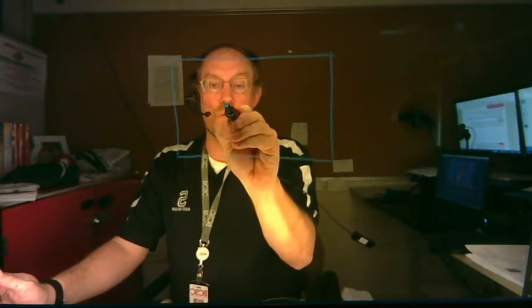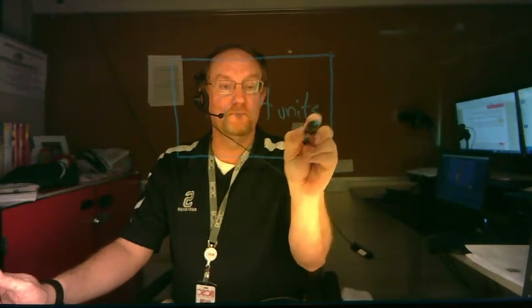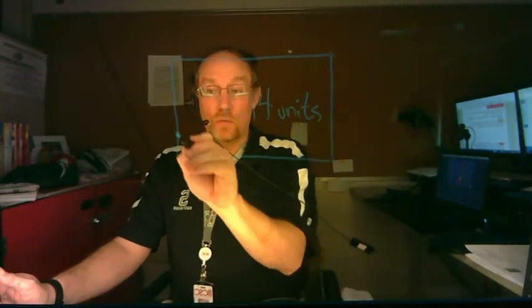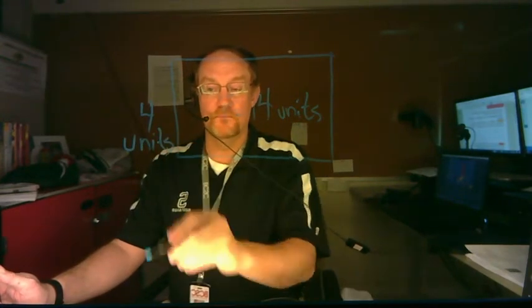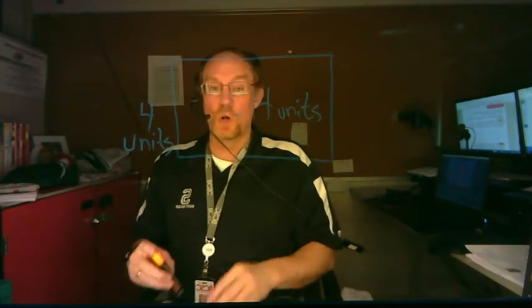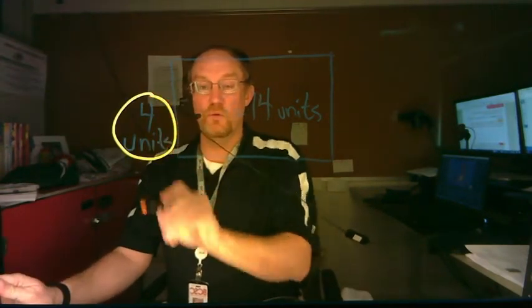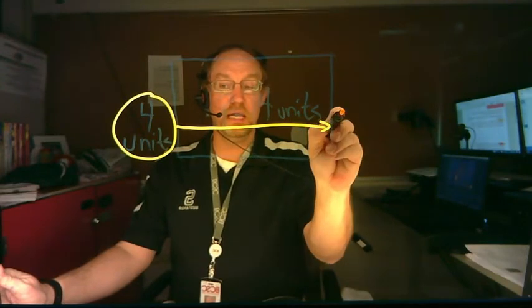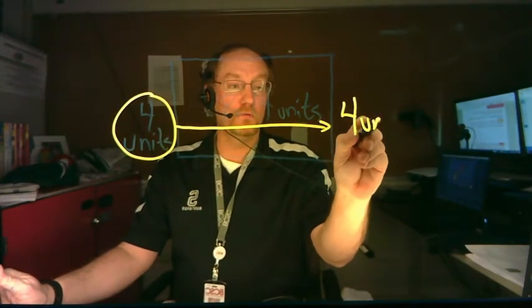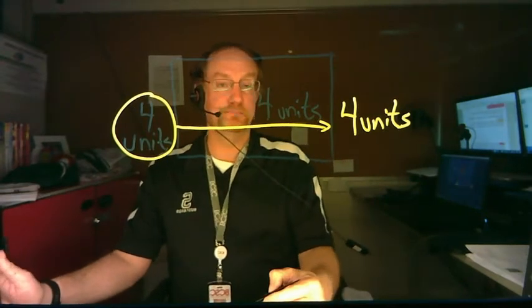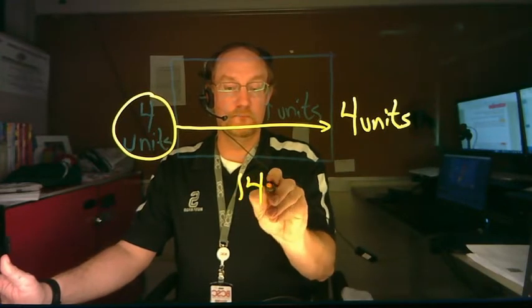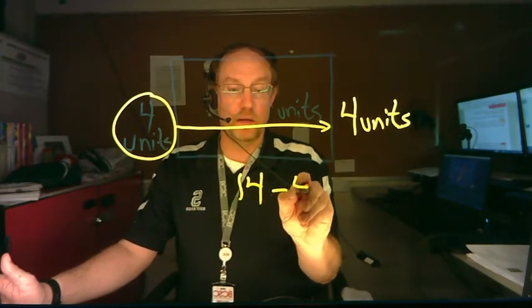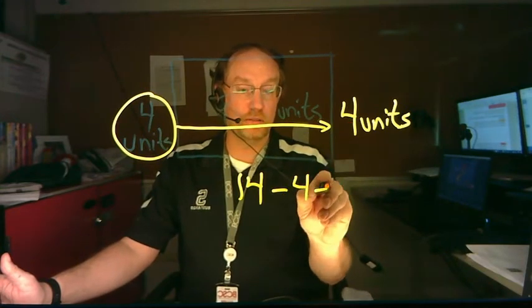We know that the perimeter is equal to 14 units. And we know that one of the sides is 4 units. Now what that means is that this 4 units right here is going to be the same over here. This is also going to be 4 units. So of our 14 units, we're going to subtract the 4 right here and subtract the 4 right here.